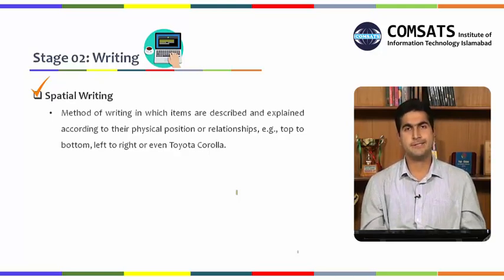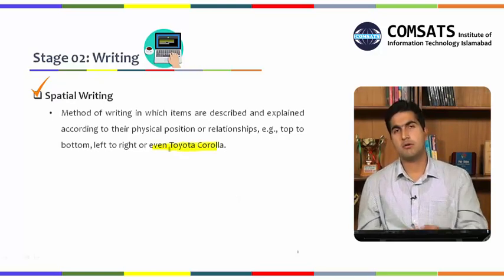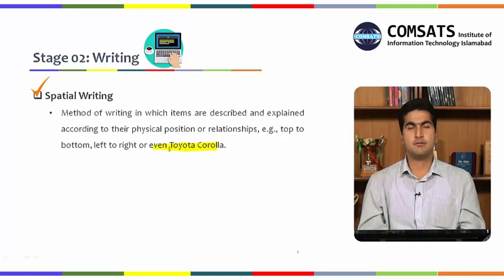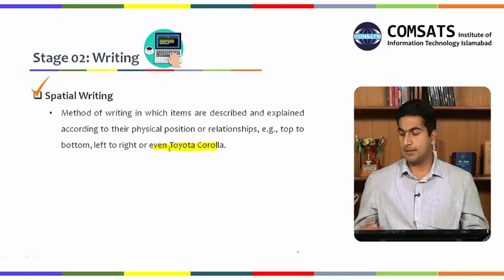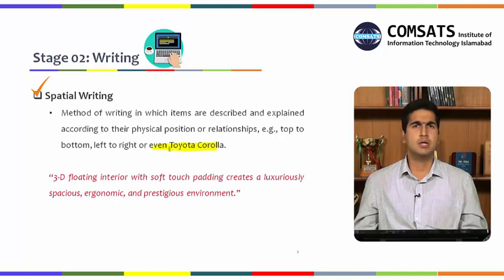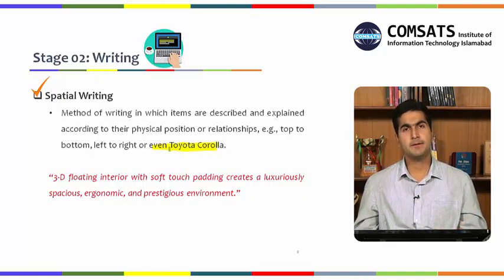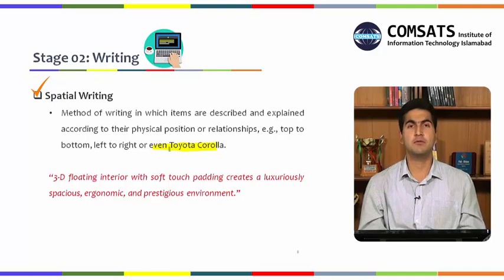For example, I have seen some advertisements and some websites as well. This was a good example, talking about the Grande, the new edition of Toyota Corolla, and the manner in which you can look at the descriptions of other automobiles as well, but this is just an example. This is the manner in which they describe the interior: 3D floating interior with soft touch padding creates a luxuriously spacious, ergonomic and prestigious environment.